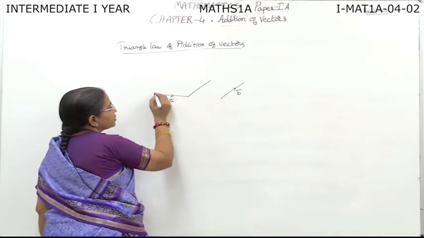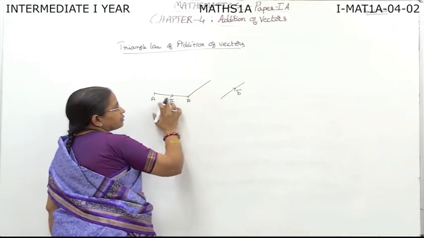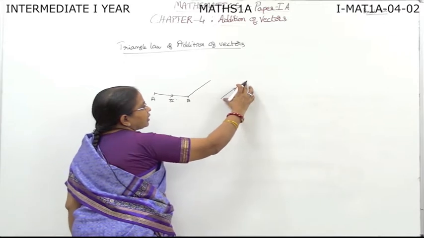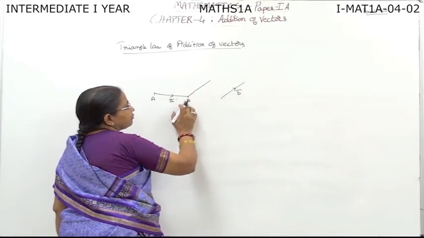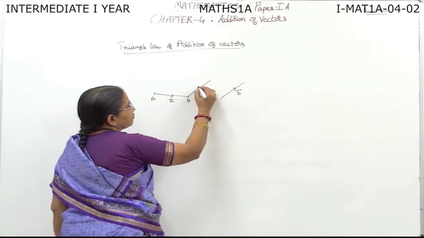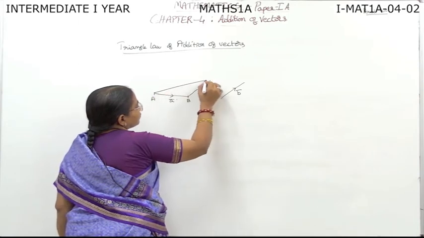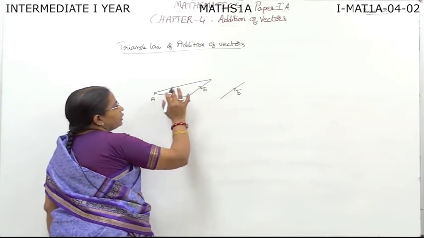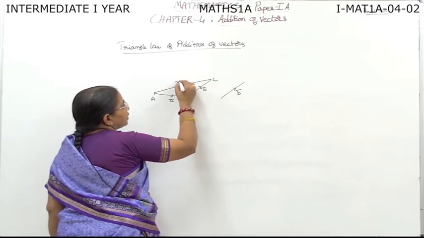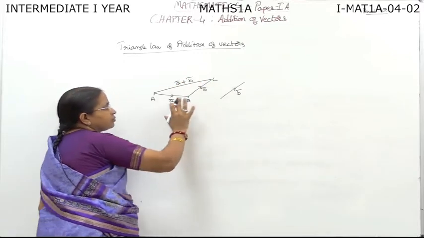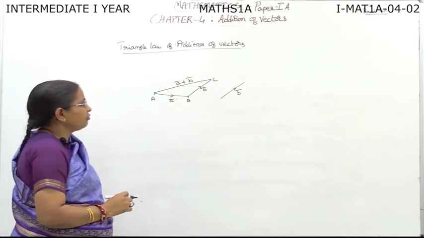Then join the initial point of the first vector and the terminal point of the second vector. That becomes the addition A plus B. This is the triangle law of addition of vectors.